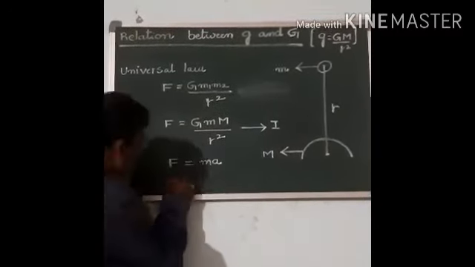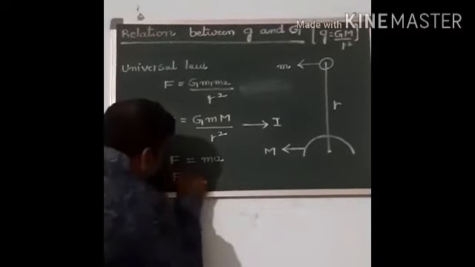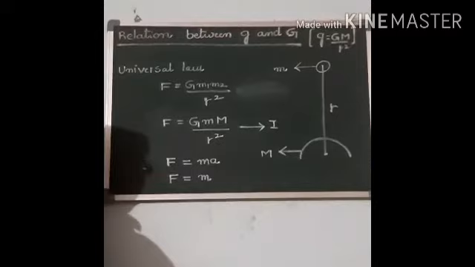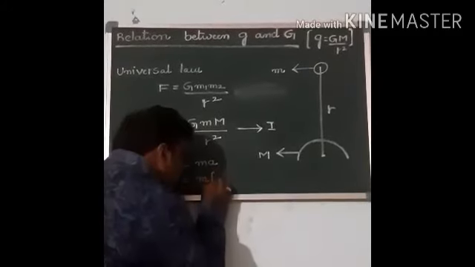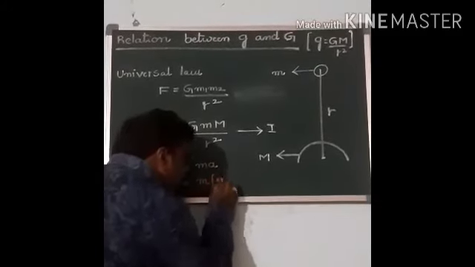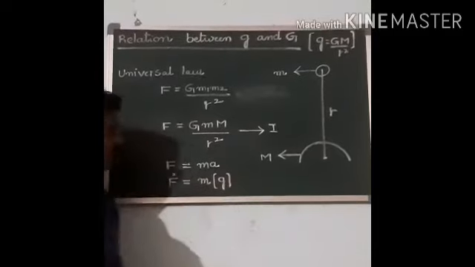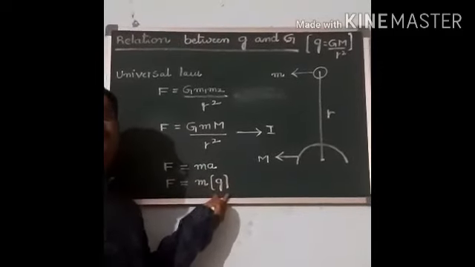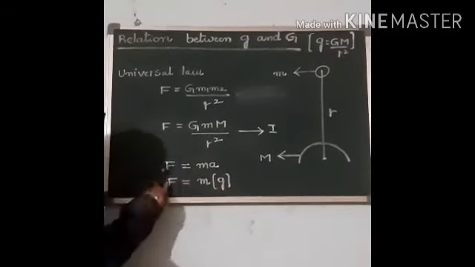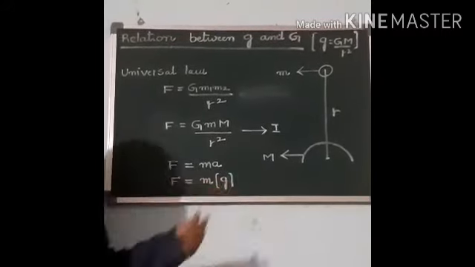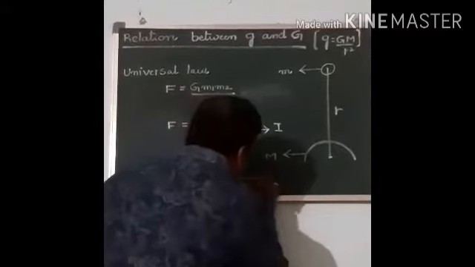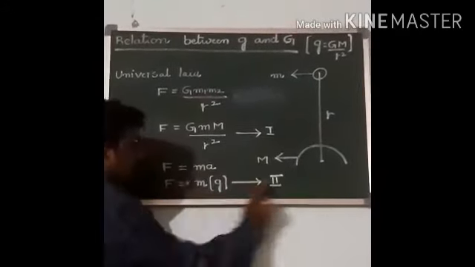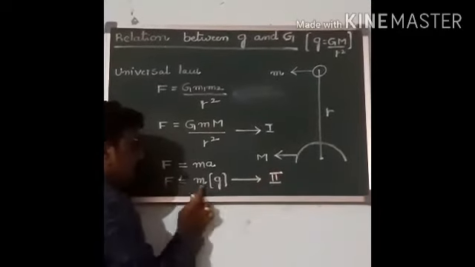Now F equal to m, and a is converted to acceleration due to gravity, g. So F equal to mg. This is equation number 2.